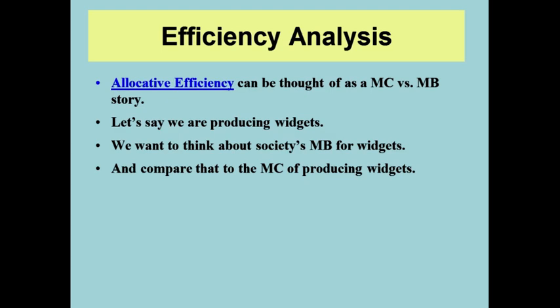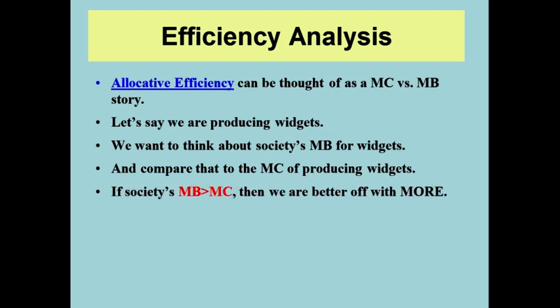So we want to think about society's marginal benefit for widgets, and we want to compare that to the marginal cost of producing those widgets. So again, we're making a marginal benefit, marginal cost comparison.